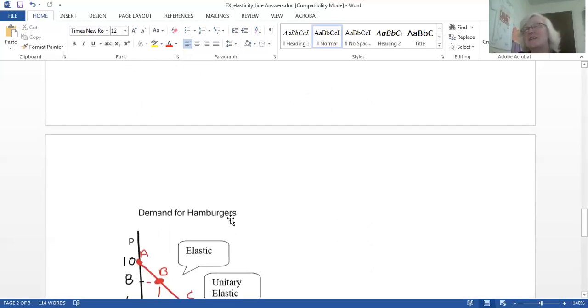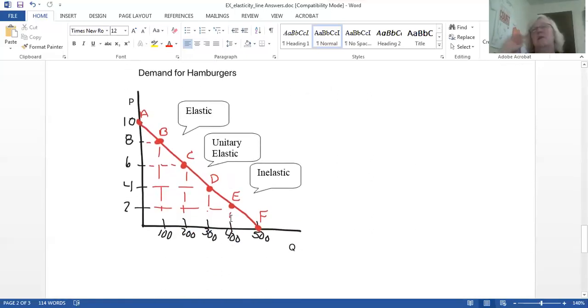And so what I did is I took that original demand curve that I drew, I just copied it from the first page, and I added these little callout boxes to show you that the elastic region is up here between A and C. The inelastic region, and this is from the numbers that we calculated. How did I know this? I just took the words that we had assigned to the different values.